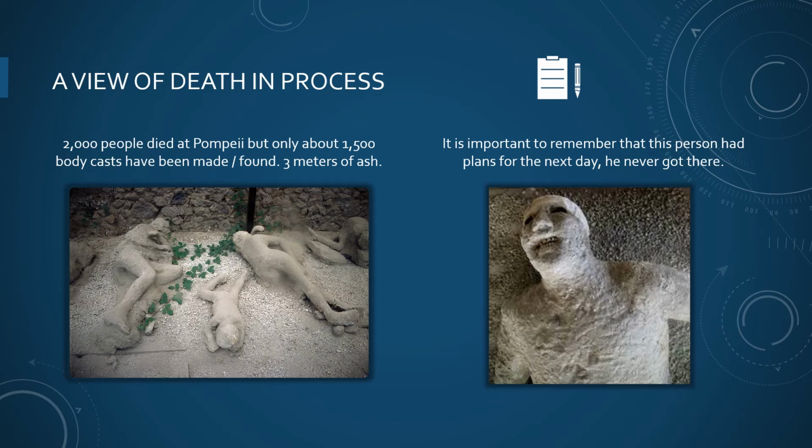Now here are the remains as I was talking about. And again, remember, this is kind of complicated, but these are plaster casts. So these are not actual bodies. But what happened was, as I said before, the bodies were so hot and burned so quickly, and the ash stuck on their body so tightly that it made a perfect mold.